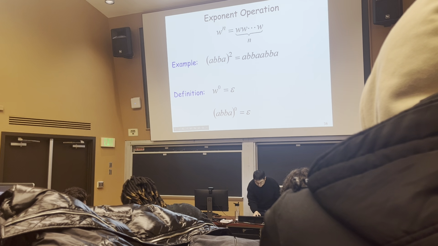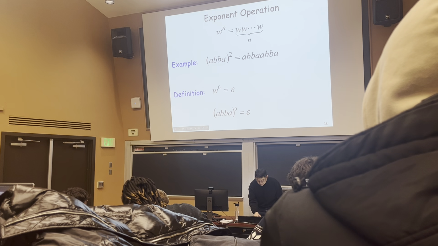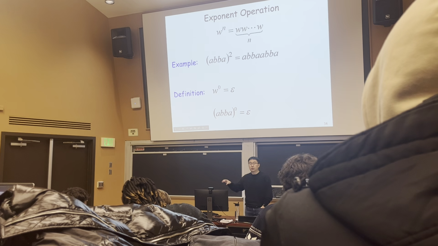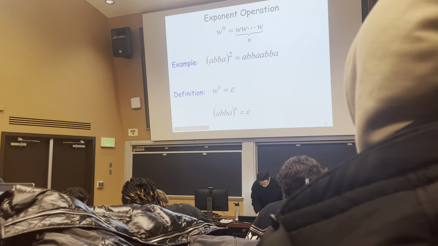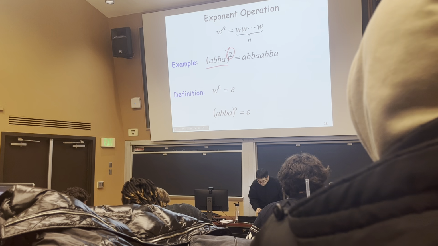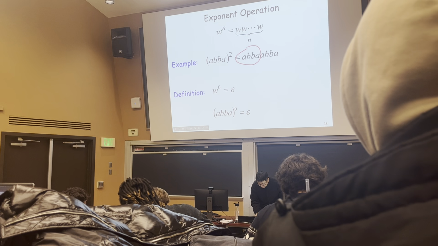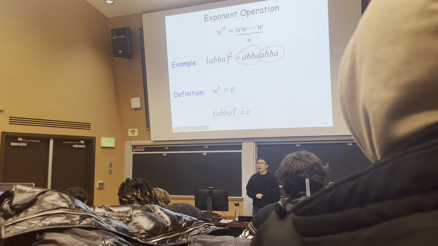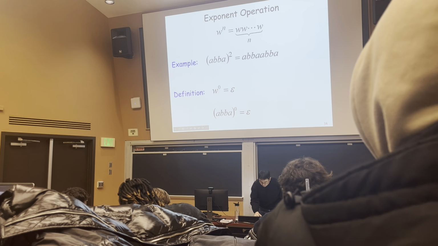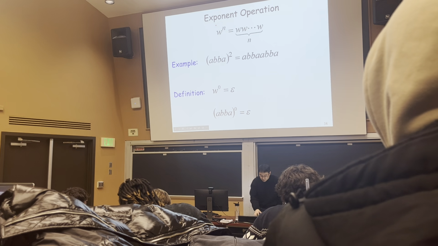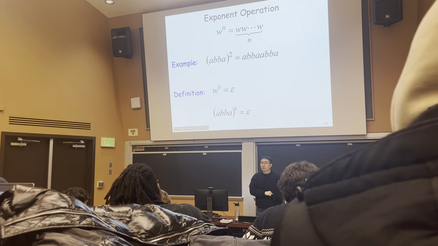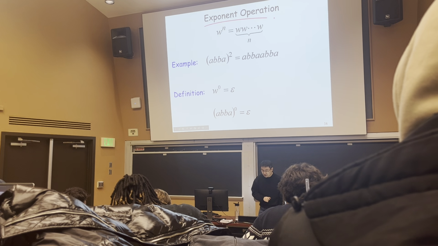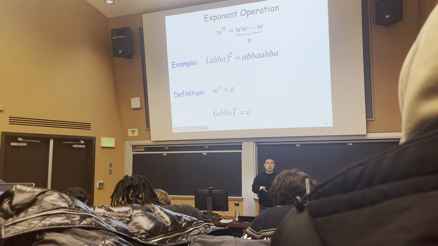Exponent operation. When you see a string W power n, it means a sequence of n W strings concatenated all together. So if you have ABBA power 2, then it's ABBA followed by another ABBA. Later we are going to show you a language L power n that has a different meaning. So when you see this exponent operation, pay attention to the base.